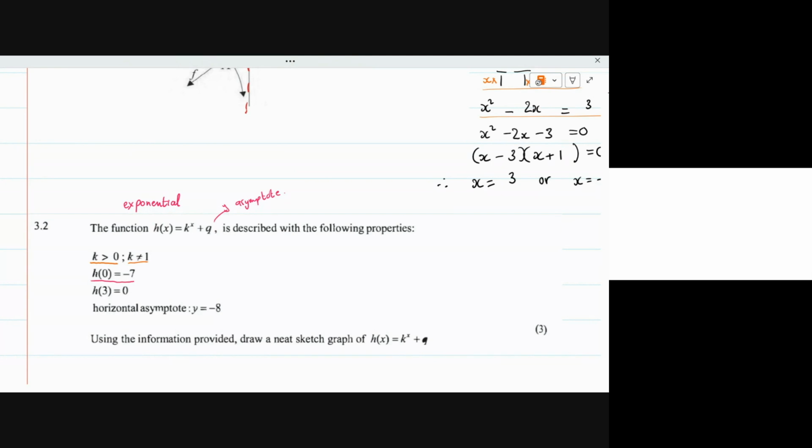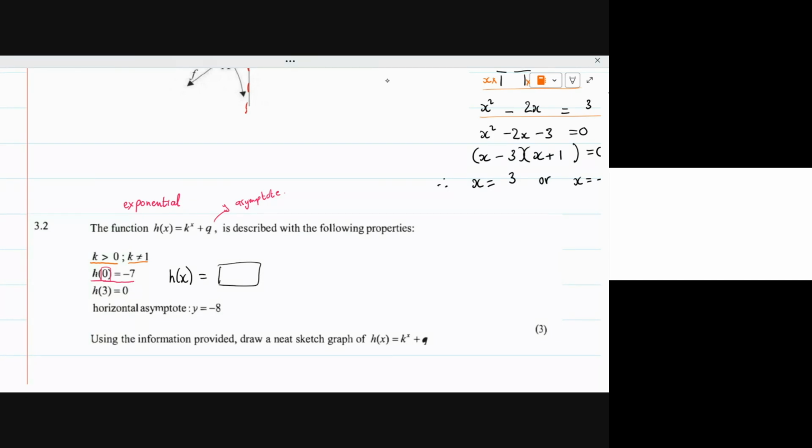Does anybody want to unmute and re-explain for us what h of 0 equaling -7 means? What did I replace there? Okay, good, Abu. I get what you're saying. I just want somebody to try and explain it the way that I've just explained it. Normally I would get h of x is equal to something, right?